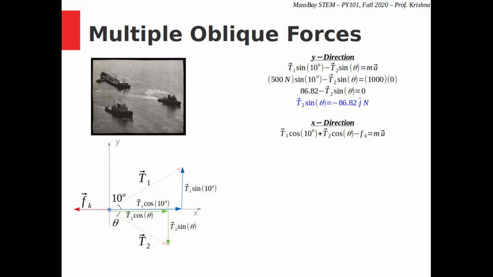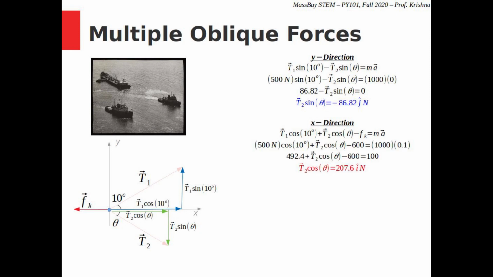In the x direction, the force balance contains T1 cos 10 degrees plus T2 cos theta minus kinetic friction. Applying Newton's second law, all of that is equal to mass times acceleration. Plugging in the known information and simplifying, we get T2 cos theta equals 207.6 i hat newtons.